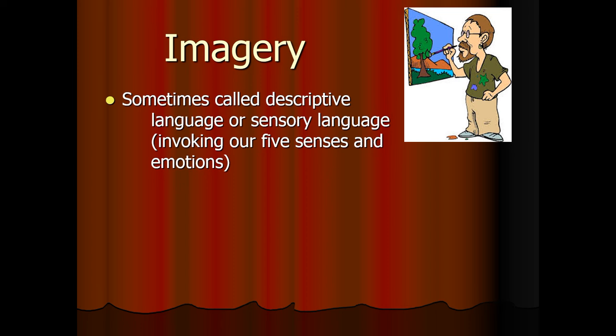It describes the way something looks, the way it sounds, or the way that it feels. It's kind of a catch-all phrase for descriptive language. Sometimes imagery has to do with adding symbolism or a deeper meaning to it.